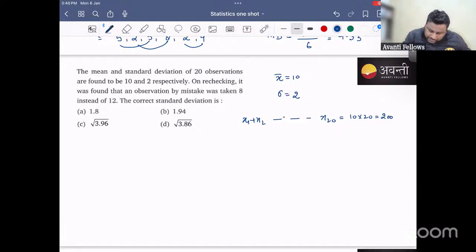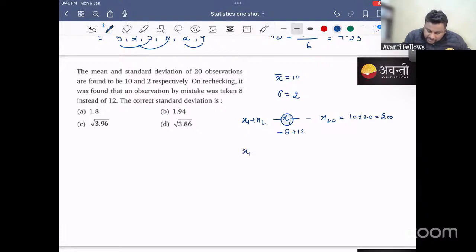Now say this observation xi was actually 12, but it has been taken as 8. So what do I do? I subtract 8 and I add 12. It has been taken 8 instead of 12, so remove 8, add 12.